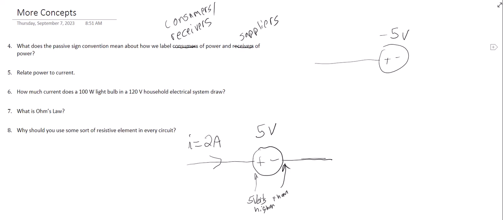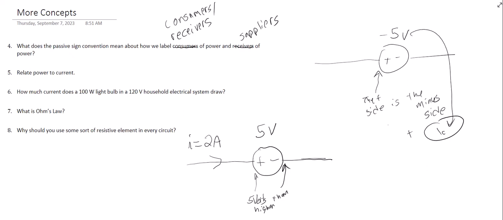Okay, so this is labeled negative 5 volts. Well, what does that mean? Let me write it like this. The plus side is the minus side plus the label.